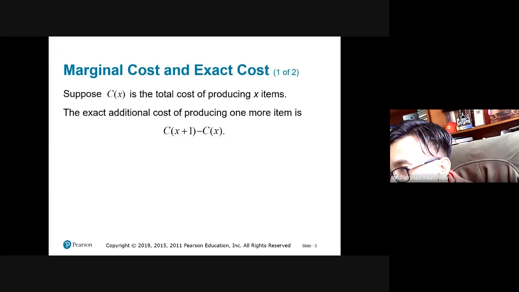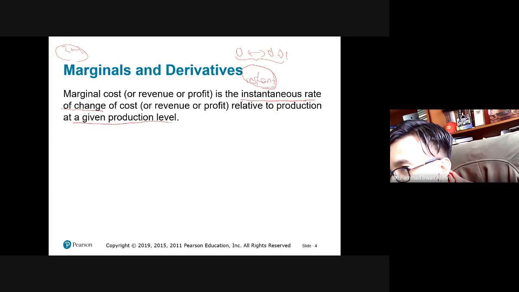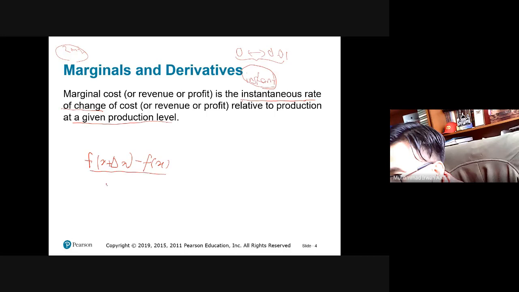So this would be the basic relationship between marginals and derivative. Because what do we do in derivative? In derivative, we simply find the change, right? If you remember, f of x plus h, or delta x, minus f of x, divided by delta x. The change in x, and then we make the change in x as small as possible, right?